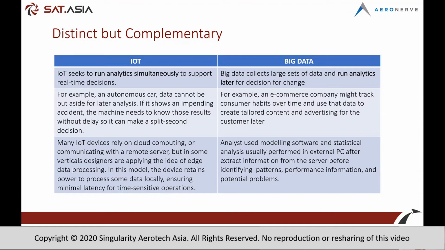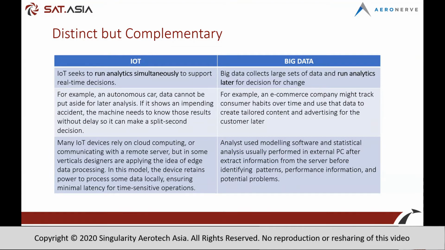Many IoT devices rely on cloud computing, communicating with a remote server. But nowadays, people are starting to have problems in terms of traffic. The data that is generated all goes through one cloud, and the traffic of the data became a problem.